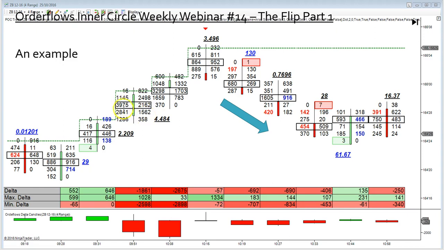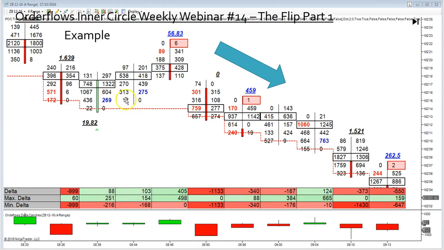You do have some support here, right? I've talked about this, where you're moving up, but you got bids in here. You got the negative delta, and you're still moving up. Well, what happens? You get up to the high, and everything just falls. The wheels fall off. Very strong buying up here on the high. Positive max delta, 1334, and it ends up at minus 57, right on the high. And look, then you just, boom, you sell off from 165, even 164.24.